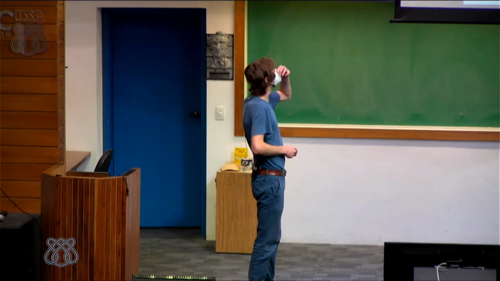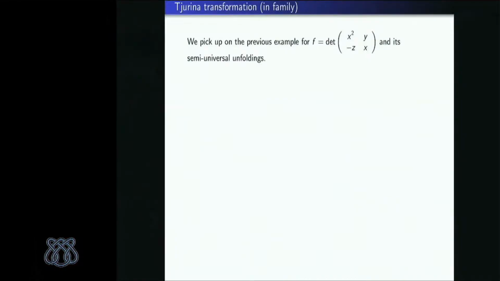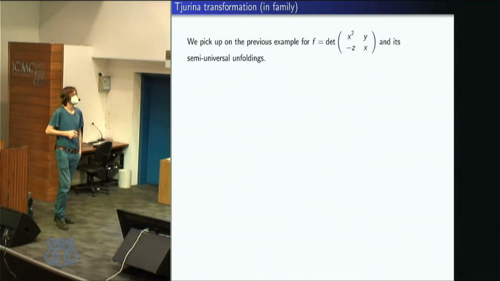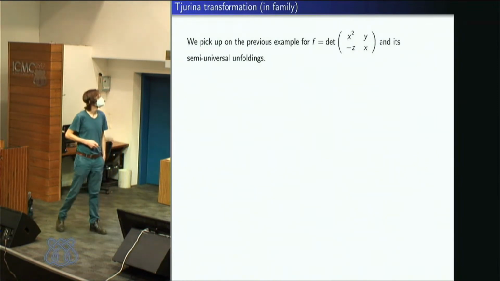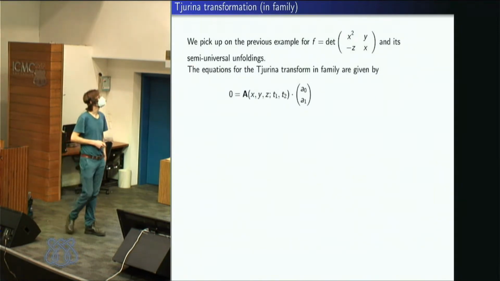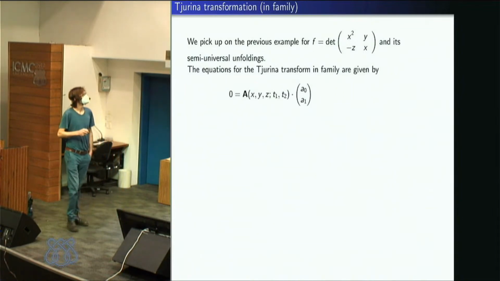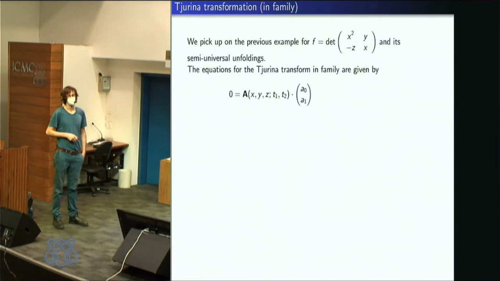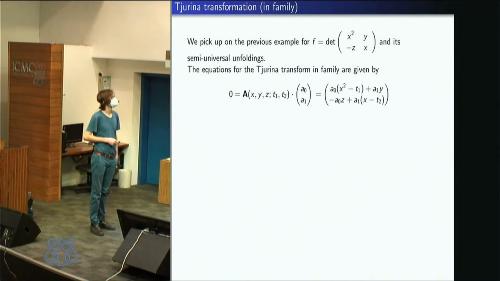All right. So yes, I have material, don't worry. So, Tyurina modification in family. Let's go back to this one example. It should always be nice to have one example to the end. So how do we write down the Tyurina modification in family? We take the unfolding, and here these are the equations for this fiber product from the Tyurina modification.